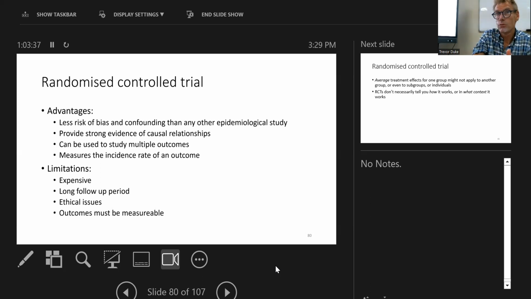You only do a randomized trial when you have what's called equipoise, and that is you don't know whether or not the intervention will work, right? If you knew, then it'd be unethical to randomize patients to the control group, right? But if you don't know, then you have what's called equipoise, okay?